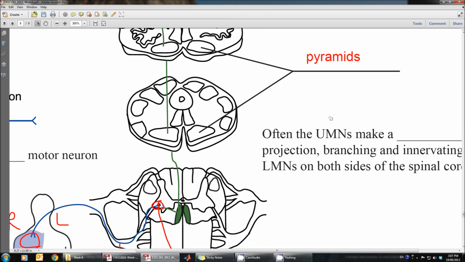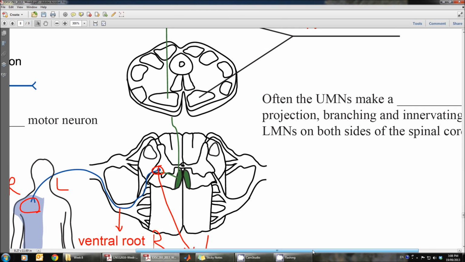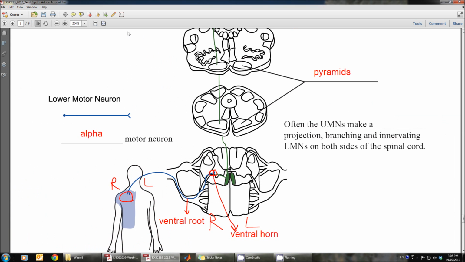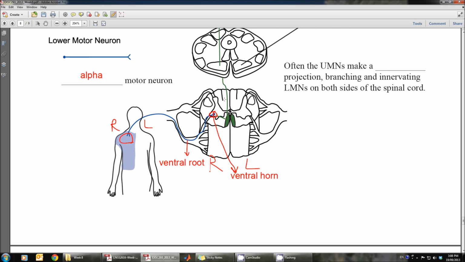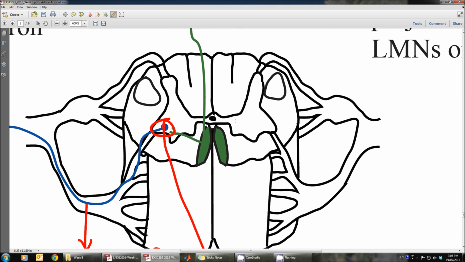One thing you recognize is that it's a bilateral innervation. Why? Because it can actually decussate at the spinal cord level. If I draw this, zooming in at the spinal cord level, it can have a collateral branch go to the other side of the medial corticospinal tract, and synapse with the lower motor neuron on the opposite side.